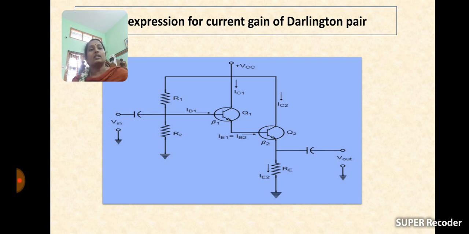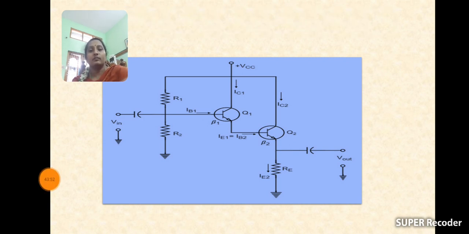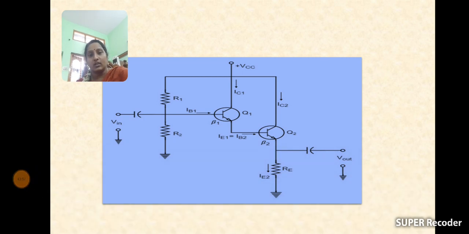And while coming to cascade and cascode, cascade is simply our two transistor stage, and cascode is also a two stage RC coupled amplifier. But in cascade connection, two common emitters are connected together, and in cascode, common base and common emitter, of NPN type and PNP.